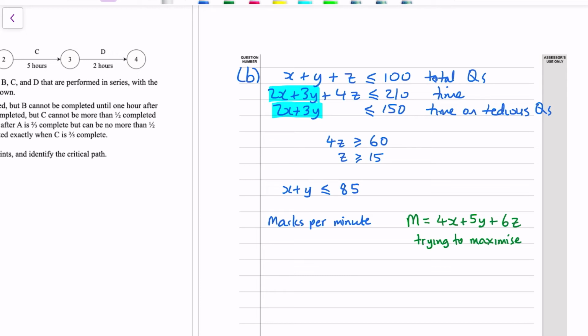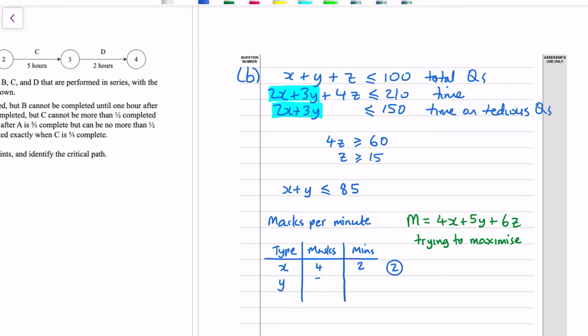The number of marks: type X, they give you 4 marks and they take 2 minutes to do. So marks per minute, you get 2 marks per minute.